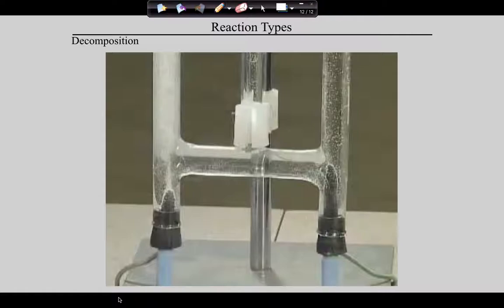So when this breaks apart, H2 is formed and O2 is formed, but because water is H2O, you're going to get twice as many H2s as O2s. The one on the left is bubbling twice as fast as the one on the right. Why? Because the H2s are going over here and the O2s are going over there.